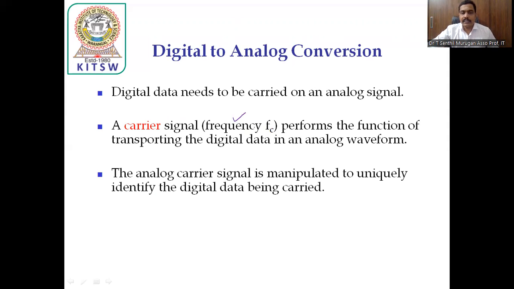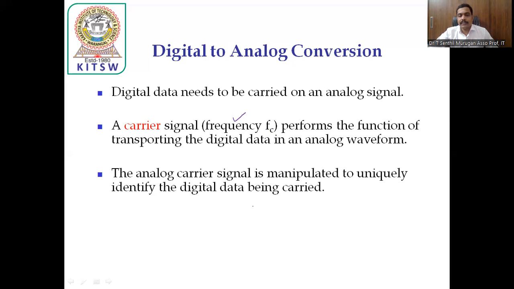The carrier signal performs the function of transporting the digital data in an analog waveform. The analog carrier signal is manipulated to uniquely identify the digital data being carried.